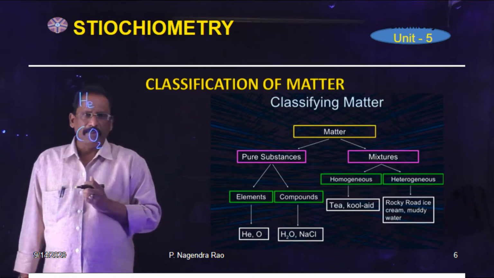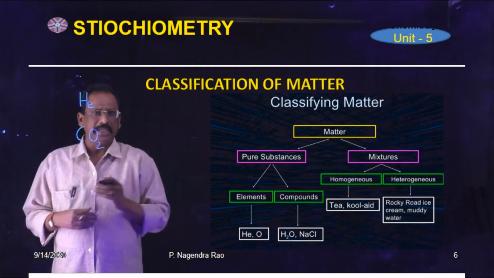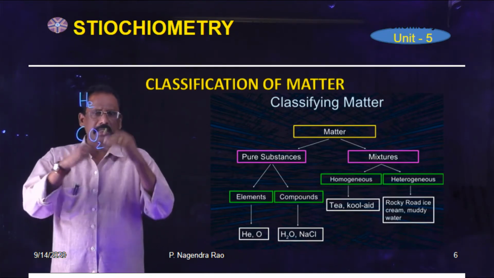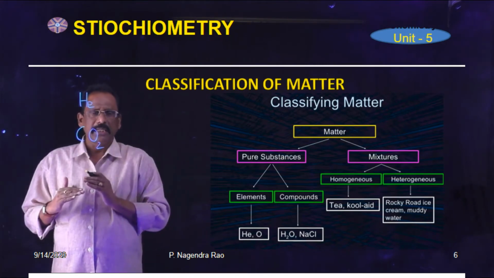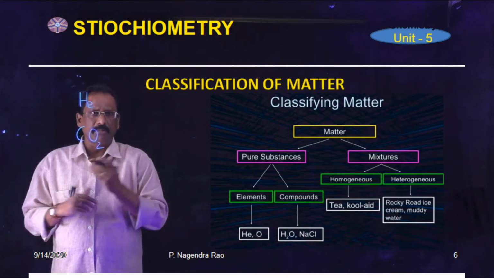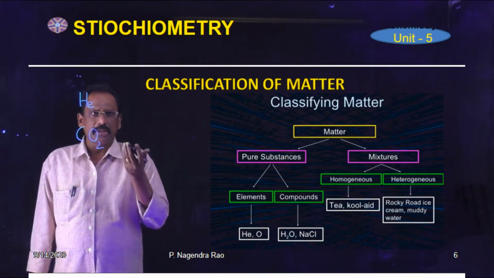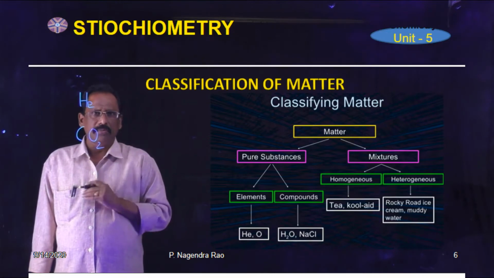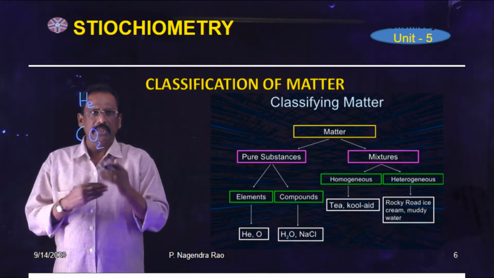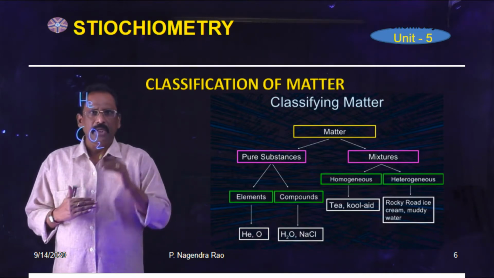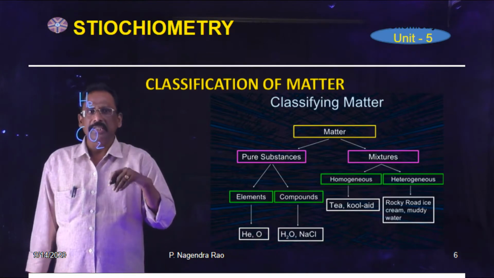Another form of the matter is mixtures. Mixtures means two or more components. If two or more components are mixed together and they form a homogeneous mixture, that is one type of mixture. For example, sugar solution. Sugar is dissolved in water. That is an example of a homogeneous mixture because the two components are in a homogeneous form. If they are in heterogeneous form, that is known as a heterogeneous mixture.